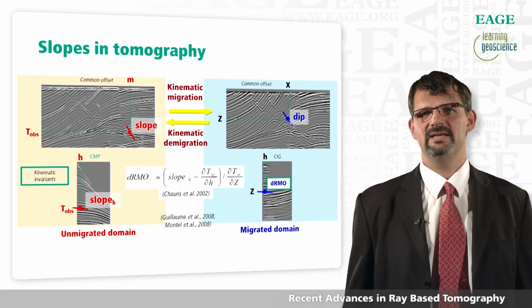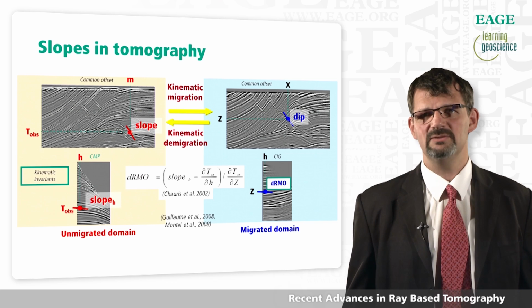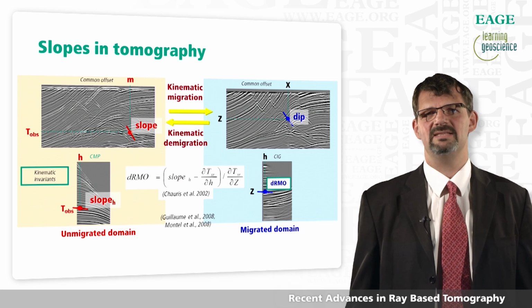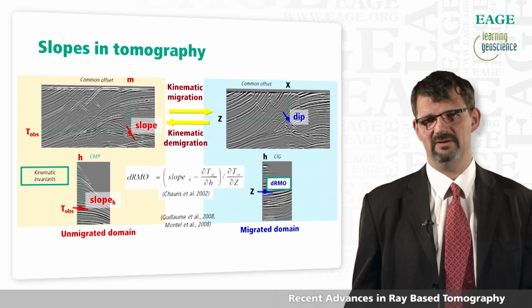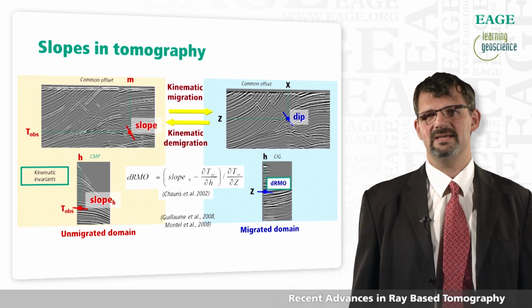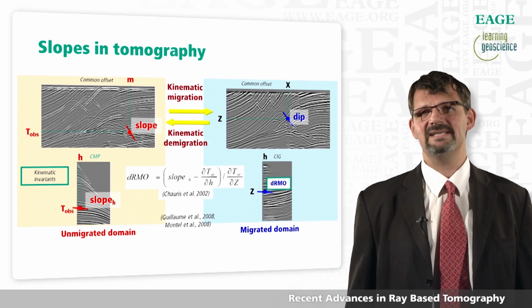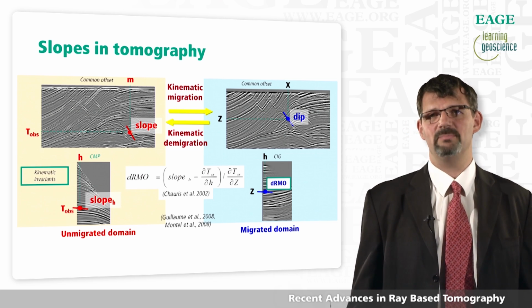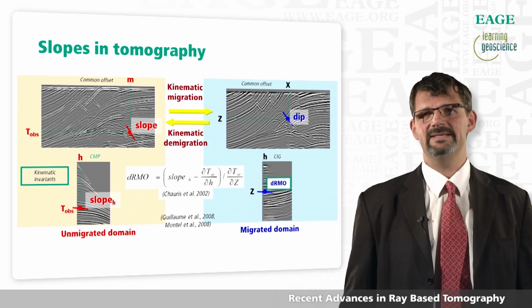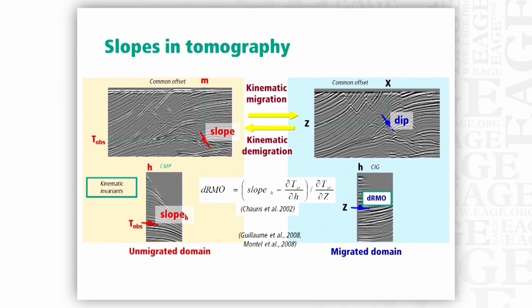What is on the left is what we call the kinematic invariant, what is obtained through the kinematic demigration process. What is on the right is what is used for assessing the quality of the velocity model. In fact, in this kind of approach, the aim is to obtain the minimum DRMO over all the picked events.